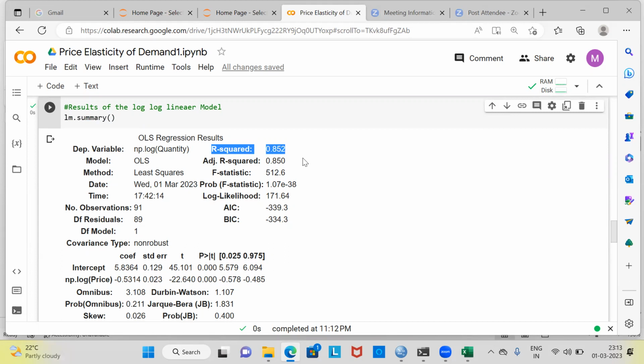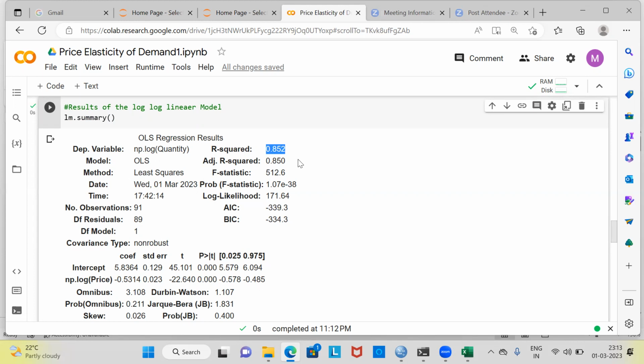On the other hand, if the R squared value is close to 0, it means that the model does not fit the data well. We are getting an R squared value of 0.85. Question is, how do we interpret 0.85? 0.85 suggests that 85% of the variation in demand for beef can be explained by price.